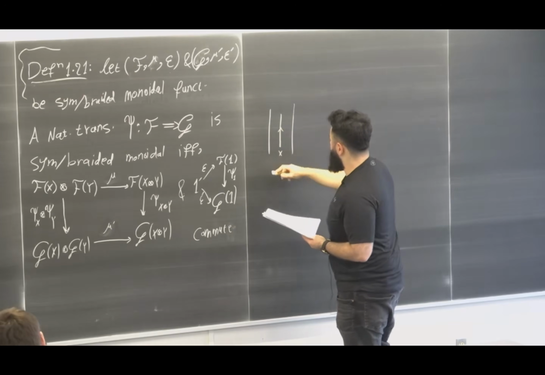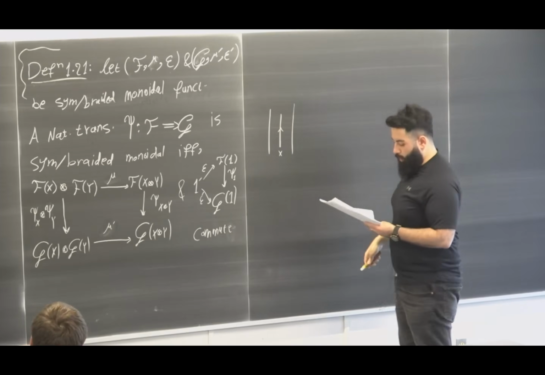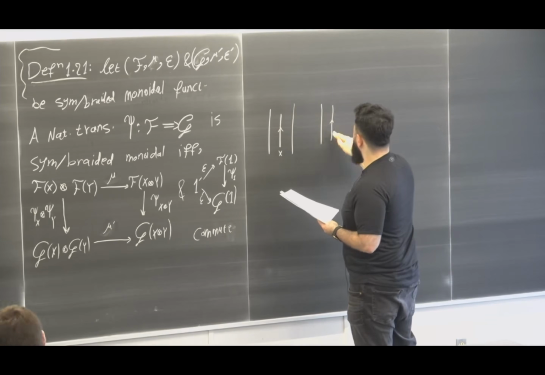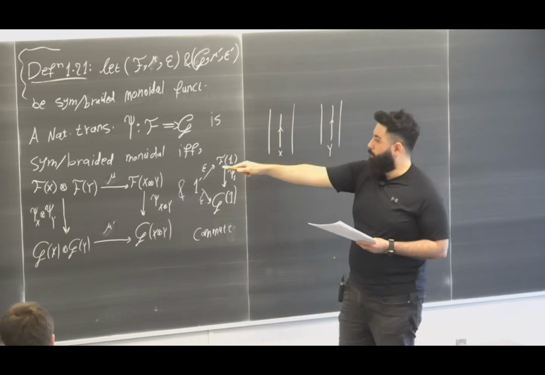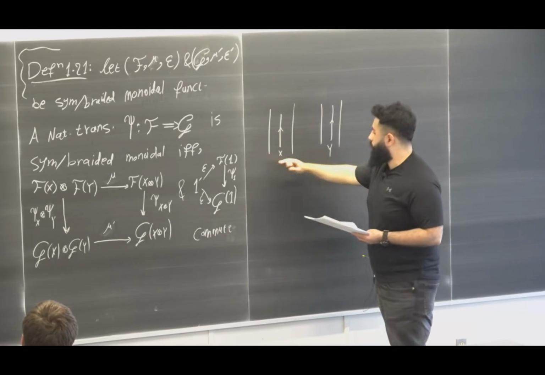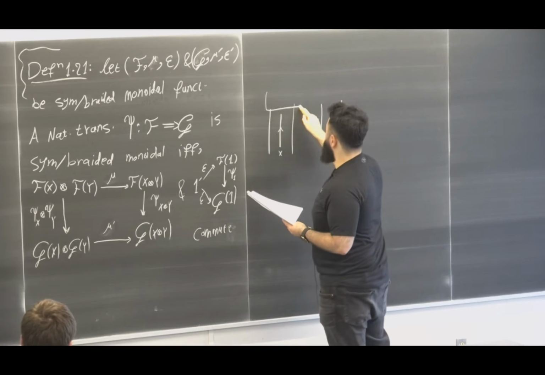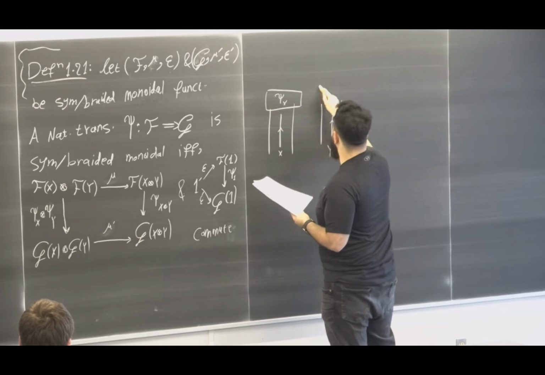We can erase that, and it's implied from the arrow being squished by these two lines. And I have F of y. So this is the top left thing that we have there, F of x tensor F of y. Now, I apply psi here: psi on x, and psi on y.